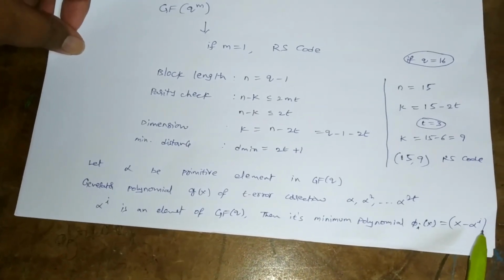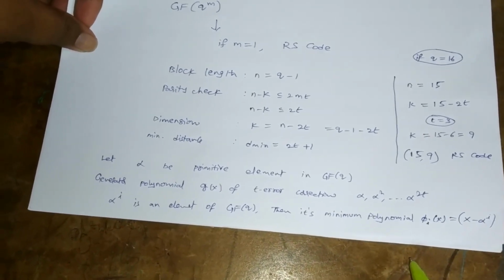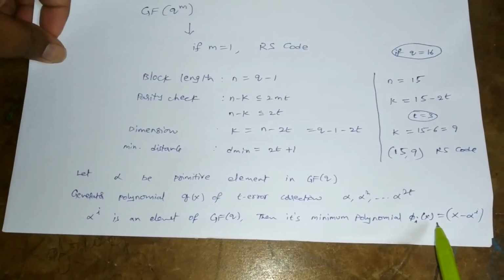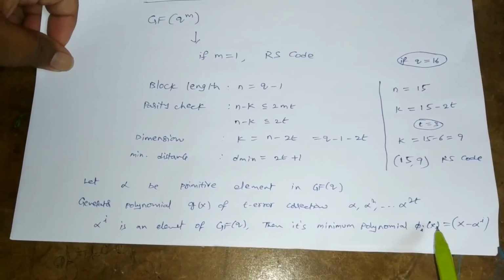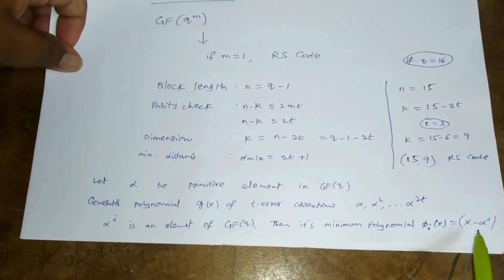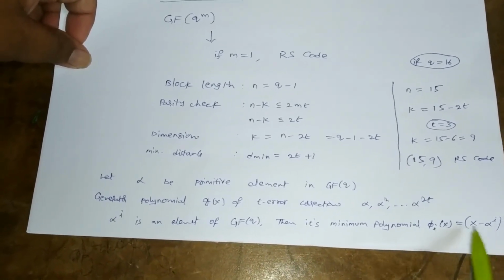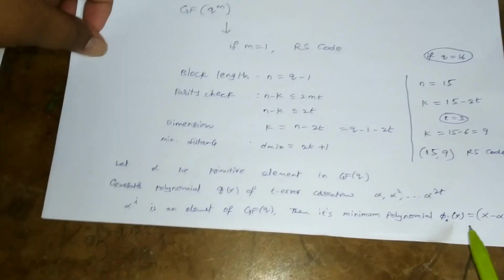For example, if alpha is an element, then the minimum polynomial phi 1 of x is equal to x minus alpha or x plus alpha. If alpha square is an element, then phi 2 of x is equal to x minus alpha square or x plus alpha square, like that. Here we'll take minimum polynomials.